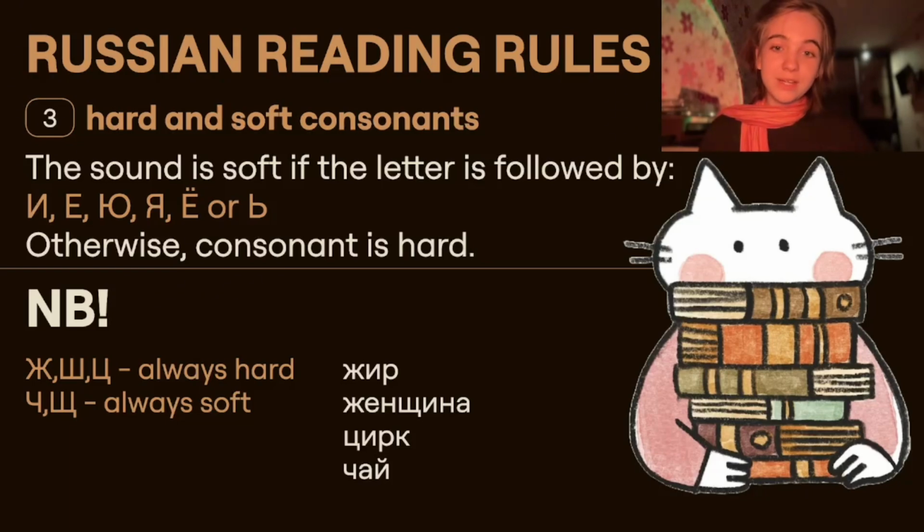We just replace I with the hard I in our pronunciation and say жир. The same with женщина. We don't try to say it soft. We just replace ye with e and say женщина. The same with цирк. We're not trying to make it soft. We just pronounce I as the hard I, цирк. And the last example is чай. Even if ch is followed by a, ch is always a soft consonant. That's why we pronounce a as ya, чай.